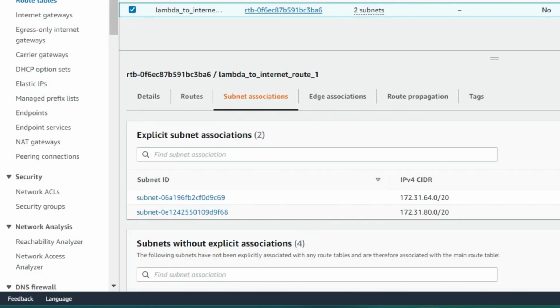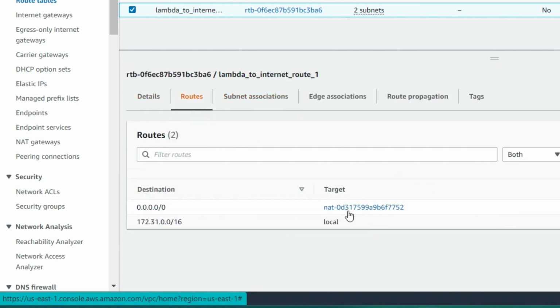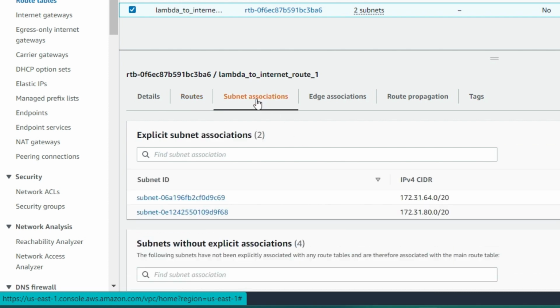After creating the NAT gateway, the next step was to create a route table and associate the routes in that route table to have the NAT gateway. The route table will route us to the internet through the NAT gateway. I also had to associate some subnets to that route table.